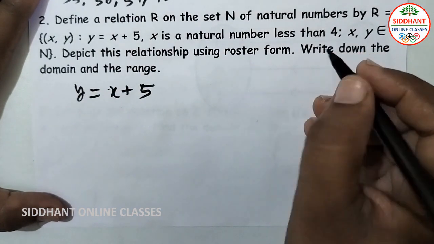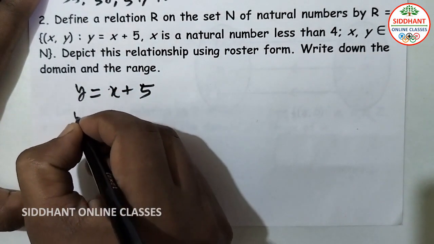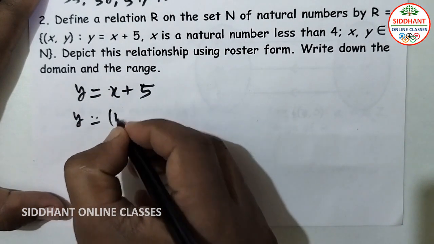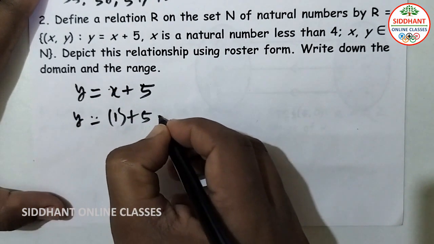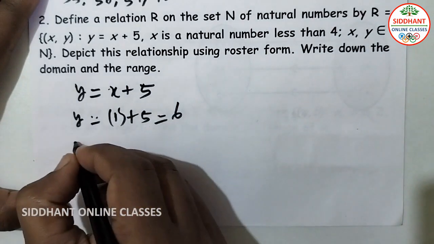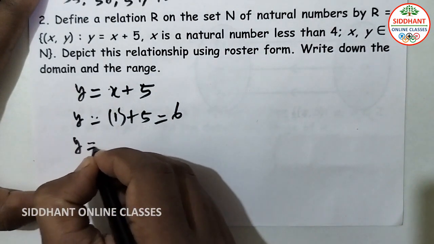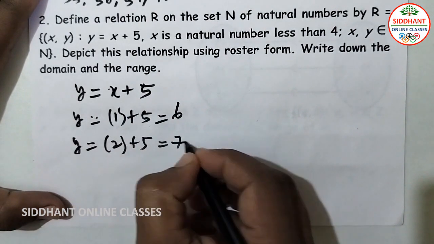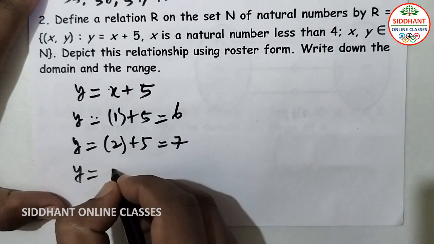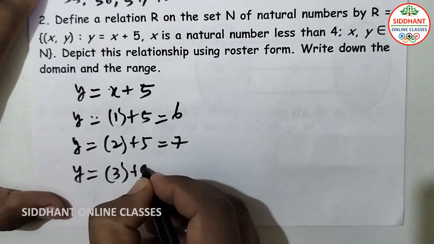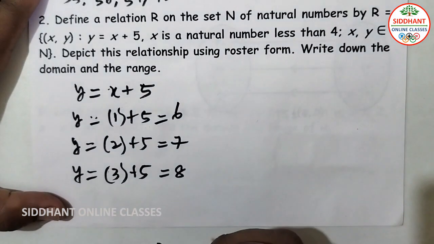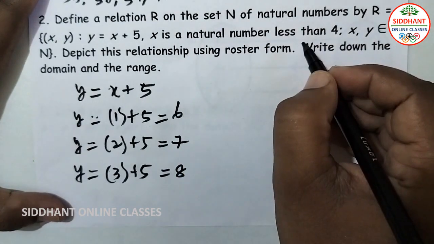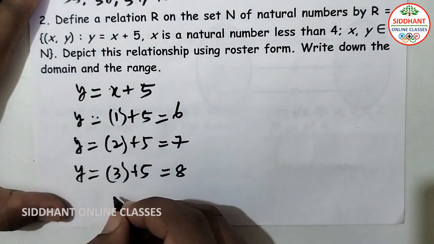When you input x value 1, the y value we get is 6. When you input 2, we get 7. When you input 3, we get 8. In the question they have given x less than 4, so we can't input 4 here.